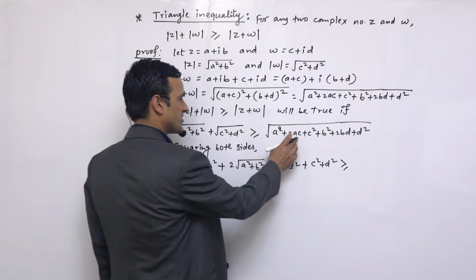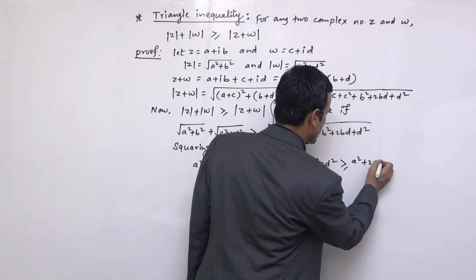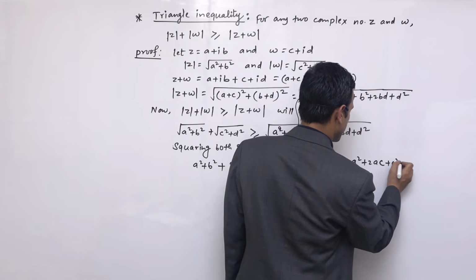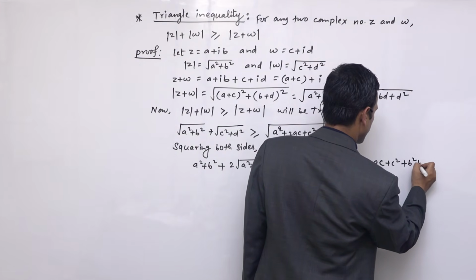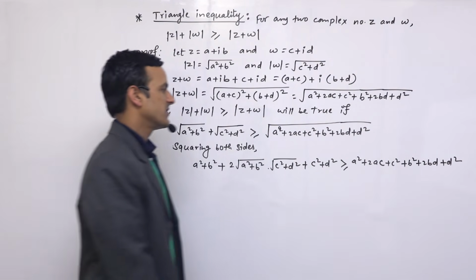And if you take squaring on this side, then the square root is removed: a square plus 2ac plus c square plus b square plus 2bd plus d square.